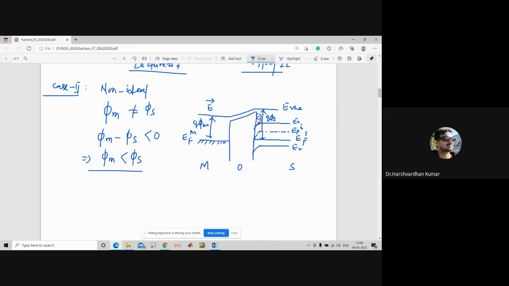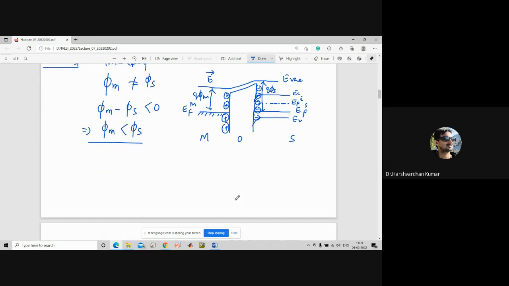Because of the non-ideal case, there will be a charge in this region, negative charge and positive charge. If you want a flat band, you will have to apply a negative bias. Here there is a band bending because of the non-ideal case, and there are several reasons for the non-ideal case, which I will let you know.